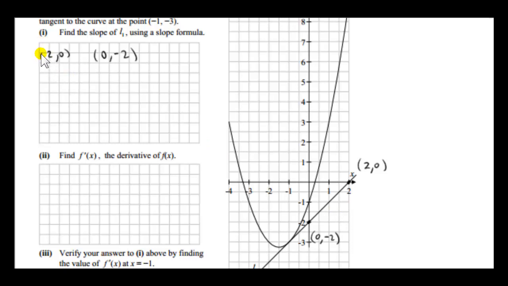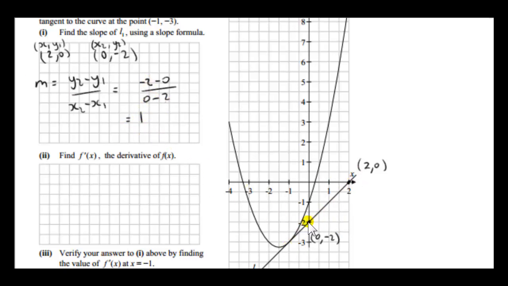But first of all, I'll just note down the 2 points and apply the formula. So one of the points is labelled x1, y1, it doesn't matter which one of course, and the other point is labelled x2, y2. So we have -2 minus 0 on top, and we have 0 minus 2 underneath. So we have -2 over -2, which is 1.